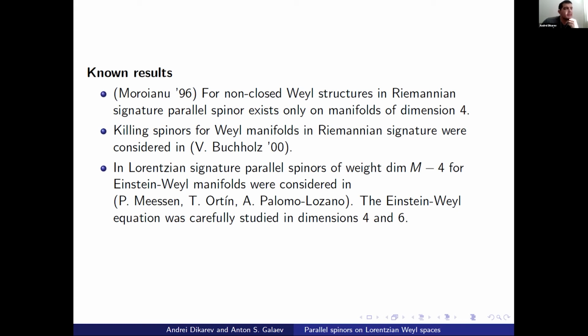And my supervisor Anton Galayev and I considered general Weyl manifolds. So we obtained the classification of parallel spinors of every weight and every dimension. In this paper, they very carefully studied the manifolds of dimension 4 and 6.